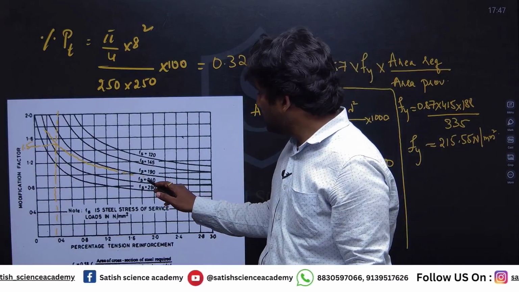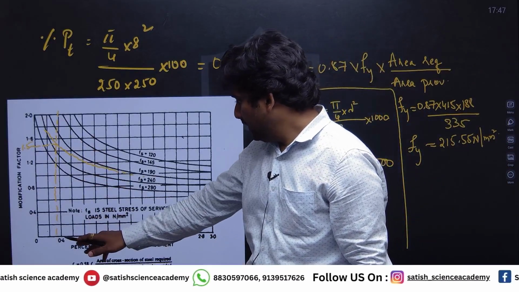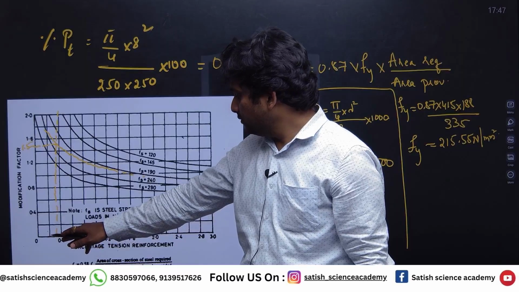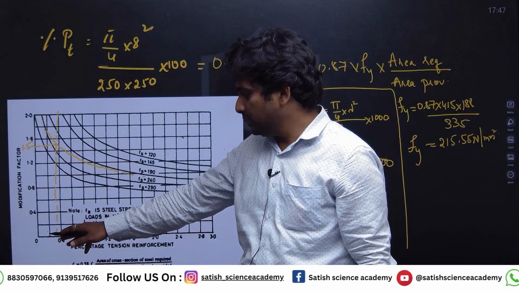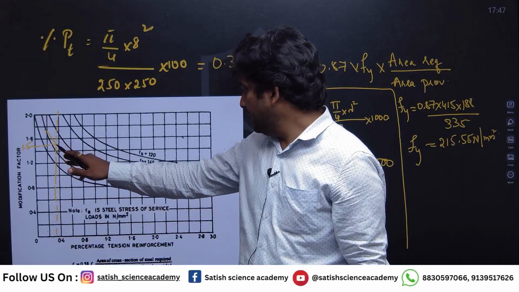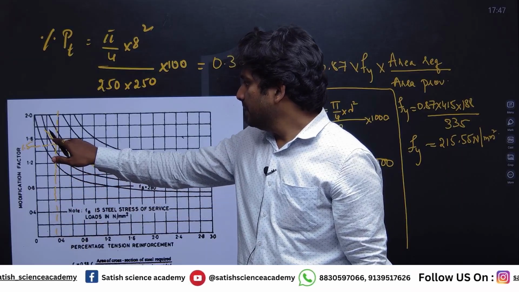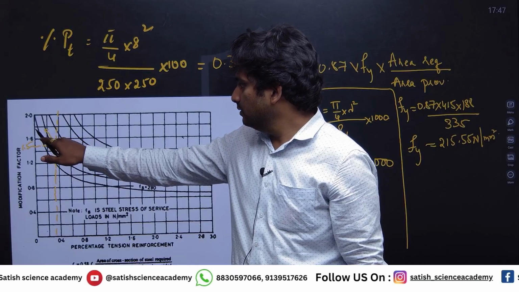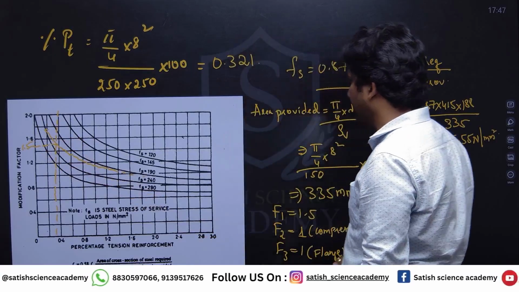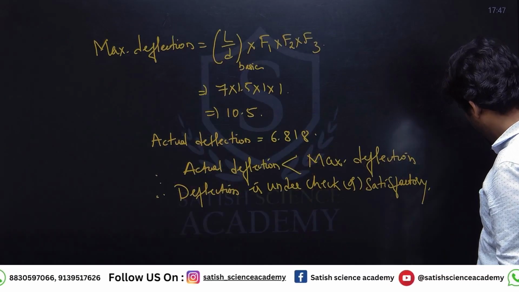See, fs value is 215 somewhere here, and steel percentage we got as 0.19, that is 0.2. So when you interpolate, you will get the percentage modification as somewhere 1.8. So you take it as 1.8 F1.